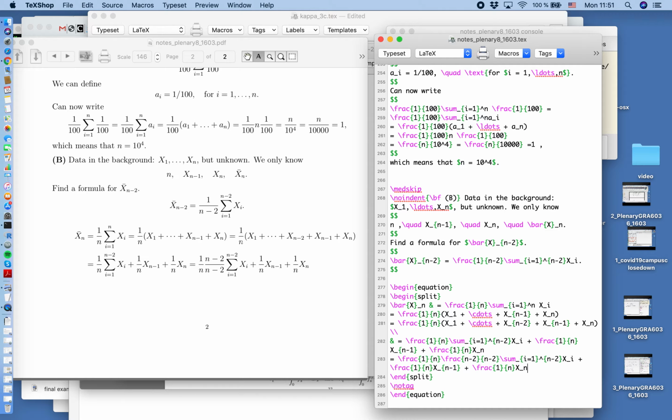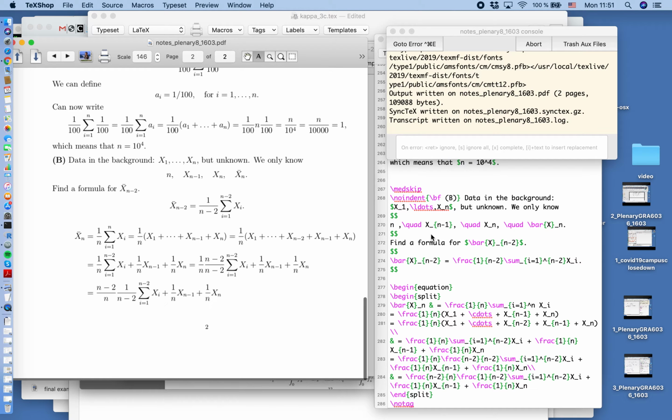To make it even more clear, we could move this n minus 2 here over here. Now we see that this is the mean of the first n minus 2 observations. So we replace this by the symbol right here.